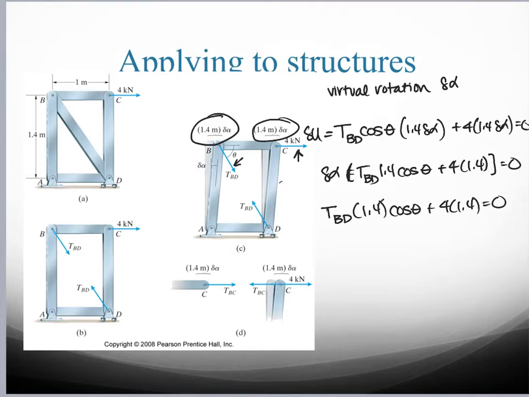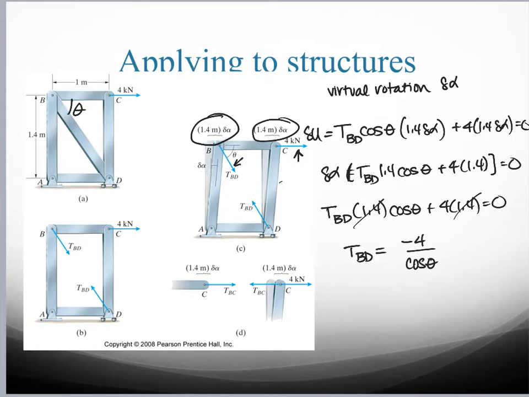Now we can factor out the 1.4s in both terms, and notice this allows us to solve for TBD, and we could find it, but we need to know what theta is. So we're going to go back and look at our picture.